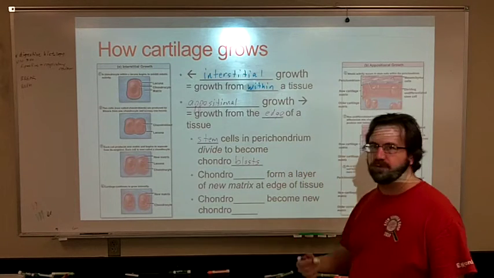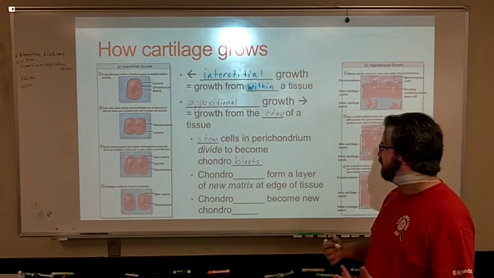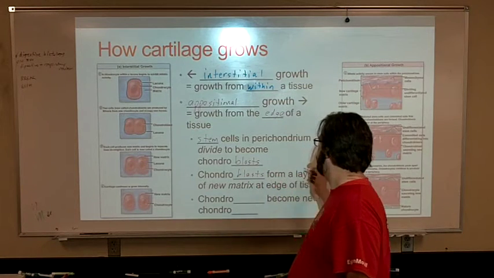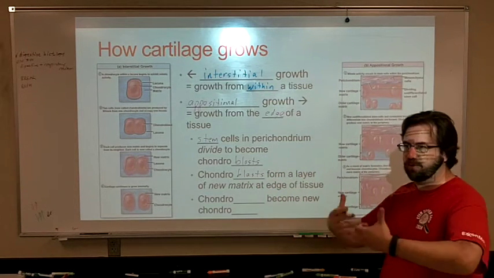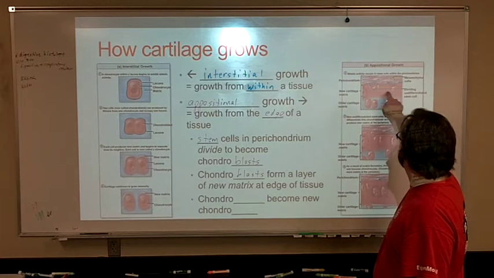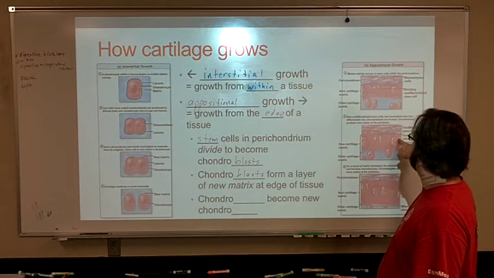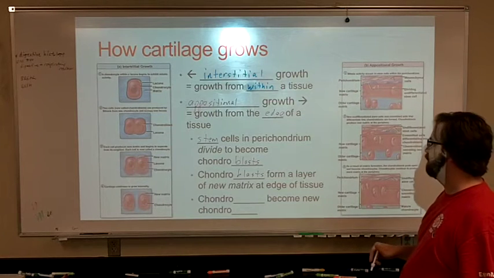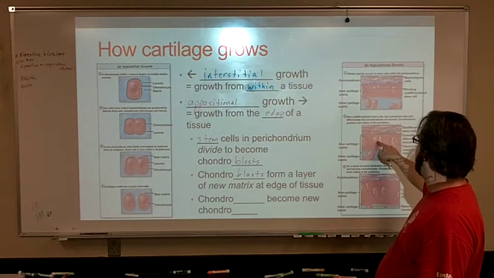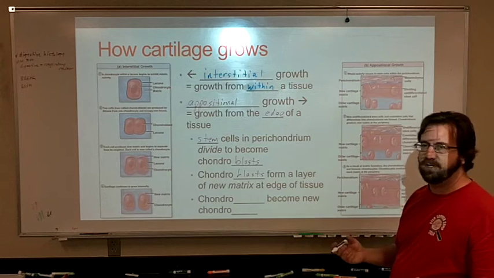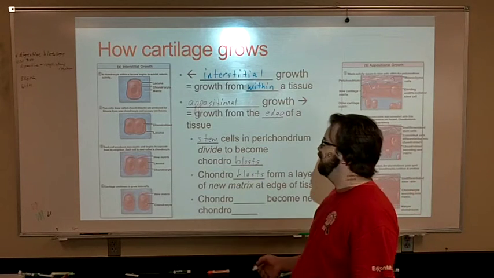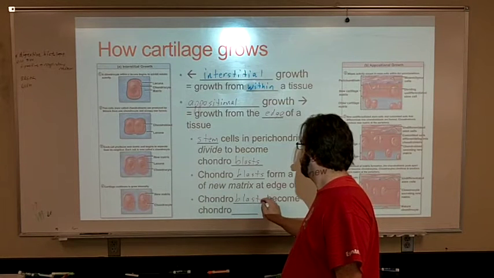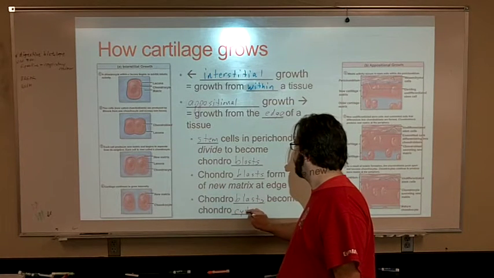Now, as you know, chondroblasts are builder cells, so the chondroblasts are going to form a layer of new matrix around themselves. In this case, they're going to form the new matrix at the edge of the tissue. Then, once they have surrounded themselves fully with new tissue, the same thing happens as if you were doing interstitial growth. The chondroblasts become chondrocytes.